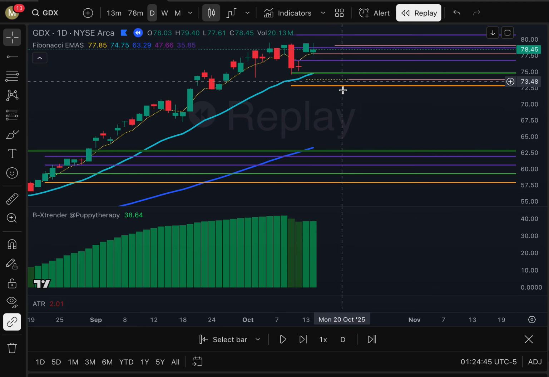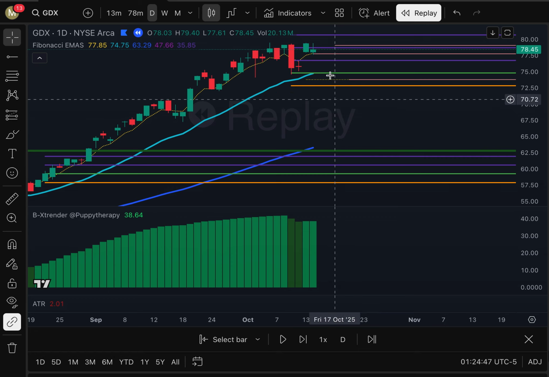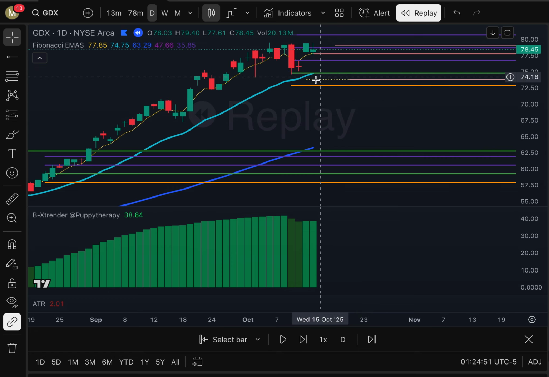And so now I have 9 shares to let ride. And I didn't move my stop all the way up to break even. I wanted to give it a little bit of wiggle room. So I moved my stop up just a little bit.